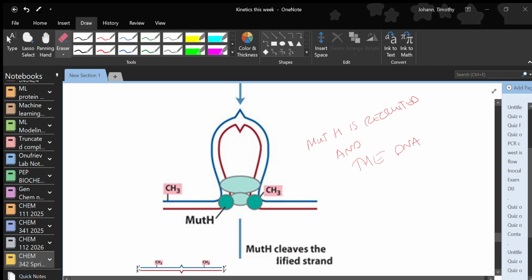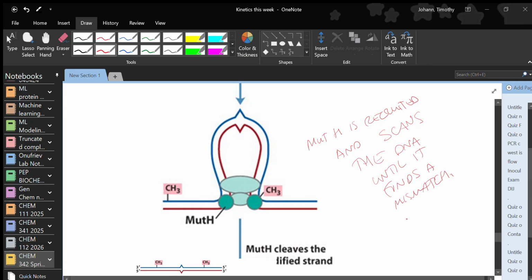How about that? Until it finds a mismatch. All right, so we're spooling through, we're scanning the DNA until we find a methyl group.